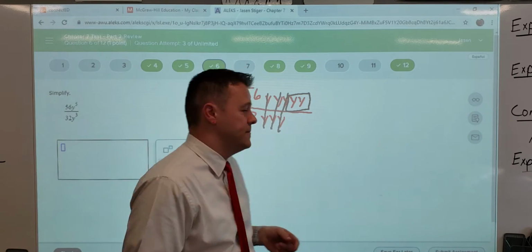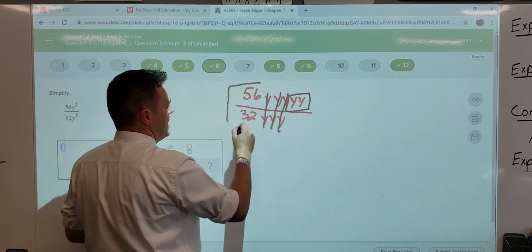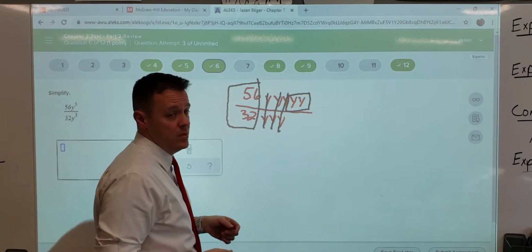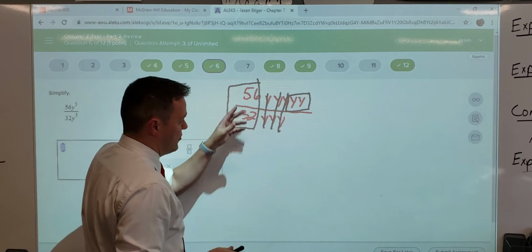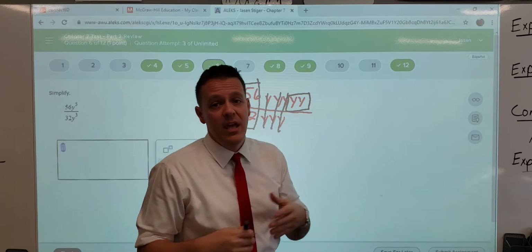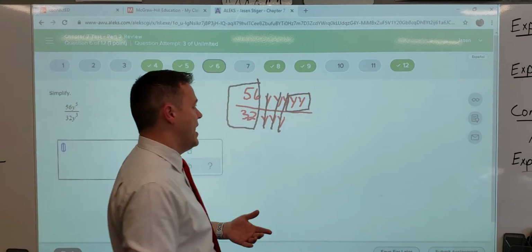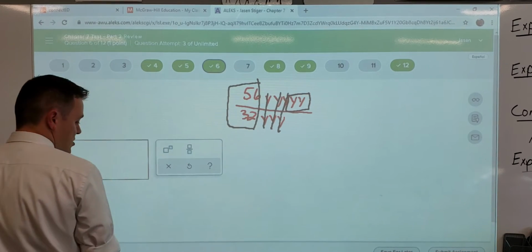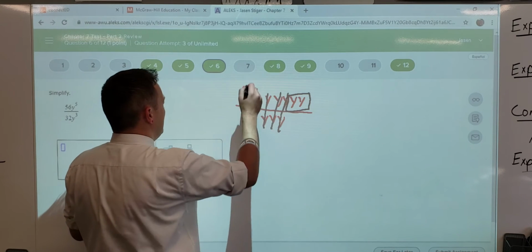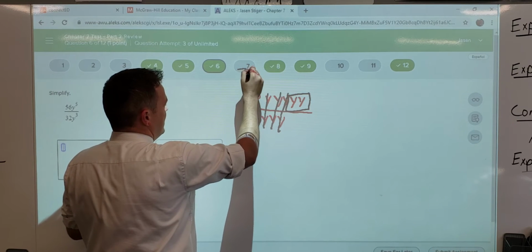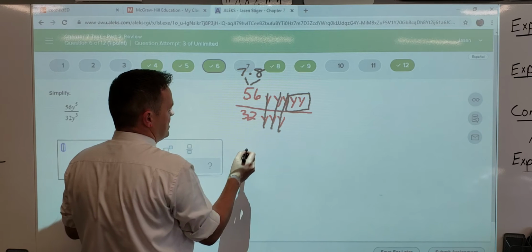Here's one suggestion. If you put this into the TI-Nspires that we have in the classroom, it will actually give you the fraction. So if I put in 56 divided by 32, it will give me the simplified form of that.